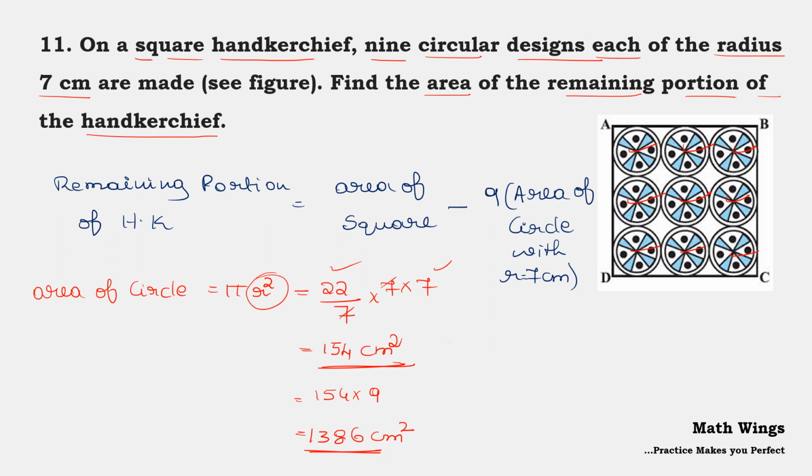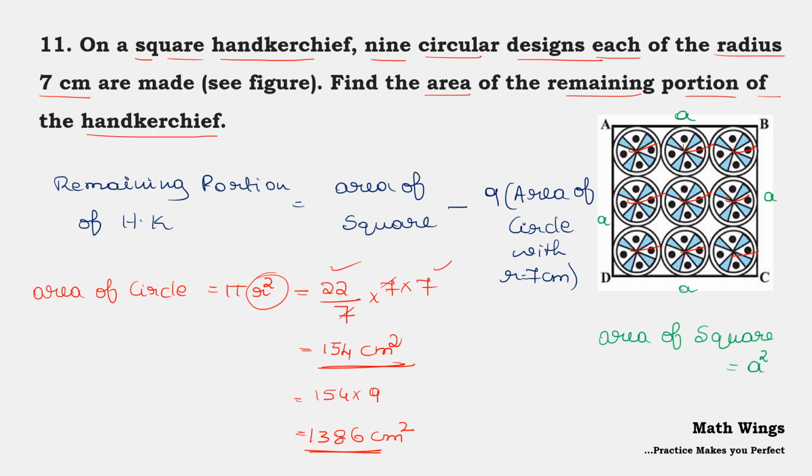I'm getting 1386. Now, how can I find the area of the square? To find the area of the square, we already know the formula. Area of the square is equal to side square, or I can write a square, where a is nothing but the side of the square.